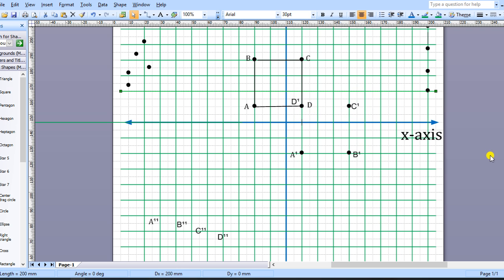Yes. So we can also join them to form our square. So I'm going to join D prime to A prime to B prime, B prime to C prime. Oh, this is a little bit bending, so you can start the process. Okay, that is now okay.